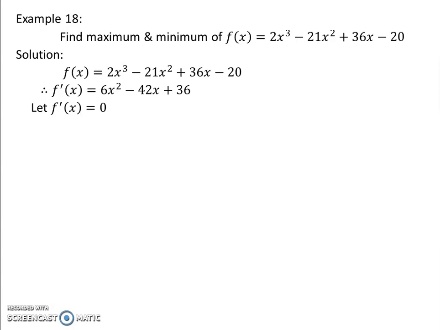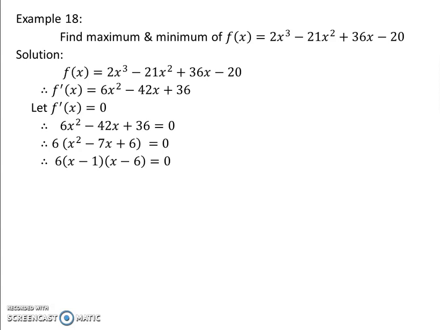Let f dash of x equal to 0. Taking 6 common, we get 6 into x square minus 7x plus 6 equal to 0. Therefore, 6 into x minus 1 into x minus 6 equal to 0. Therefore, x equal to 1, x equal to 6 are the stationary points or values of x.